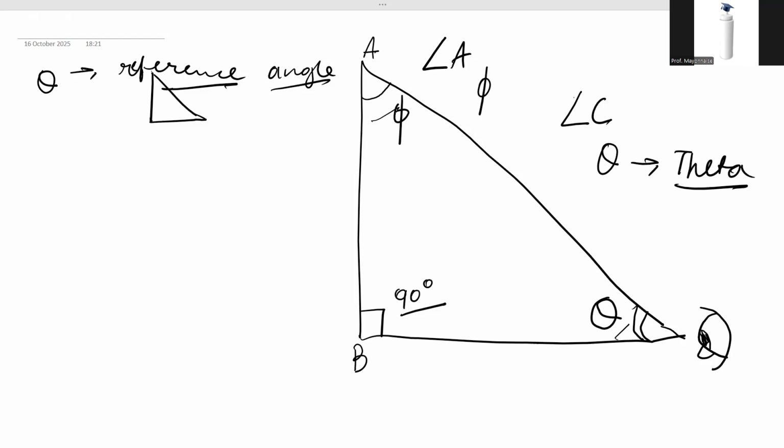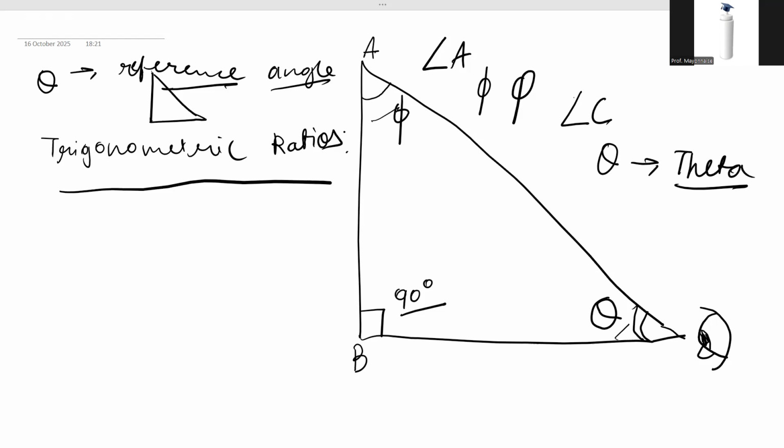We'll call it phi. You can even write it like this. It's up to you. So let's talk about some trigonometric ratios.